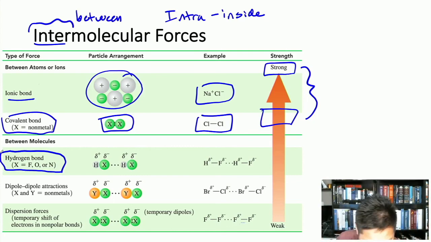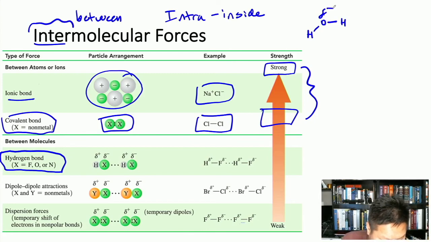So what exactly is a hydrogen bond then? We'll use water as an example. If I draw a water molecule like I would using VSEPR theory, there's one water molecule right there. And it has, remember, a partial negative on the oxygen side, because oxygen is super electronegative.